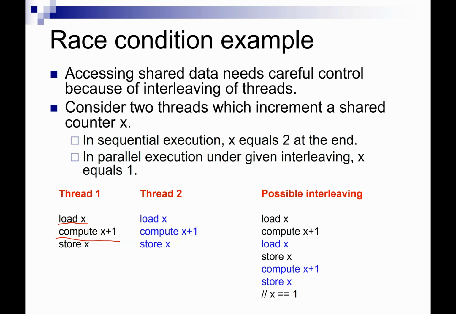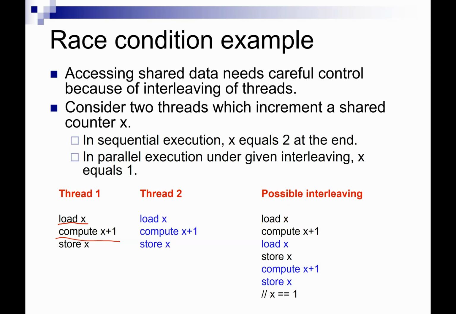Then let's look at what the value of x is going to be at the end if we have this interleaving. So thread 1 is indicated by these black operations, and thread 2 is indicated by these blue operations.